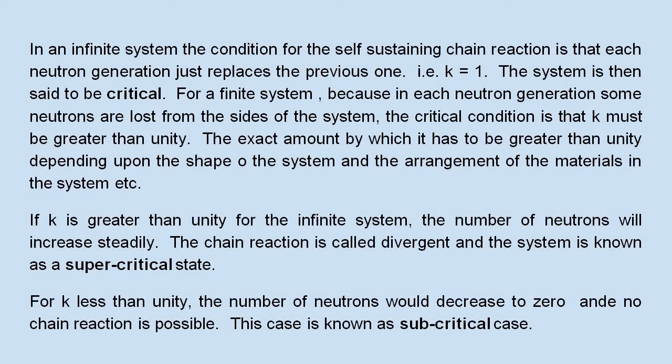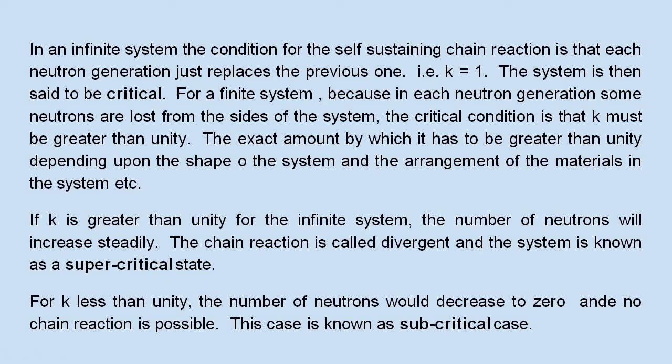For a finite system, because in each neutron generation some neutrons are lost from the sides of the system, the critical condition is that K must be greater than unity. The exact amount by which it has to be greater than unity depends on the shape of the system and the arrangement of the materials in the system, etc.